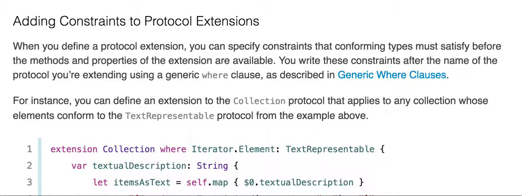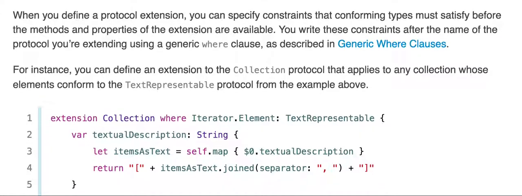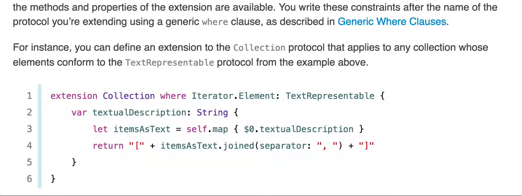Now, adding constraints to protocol extensions. When you define a protocol extension, you can specify constraints that conforming types must satisfy before the methods and properties of the extension are available, and you can write these constraints after the name of the protocol you're extending using a generic where clause as described in generic where clauses. So here we have extension Collection where Iterator.Element is TextRepresentable.